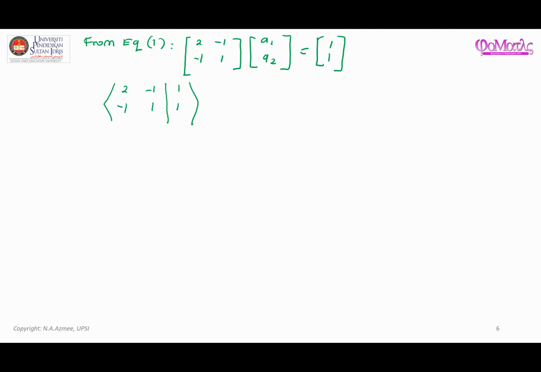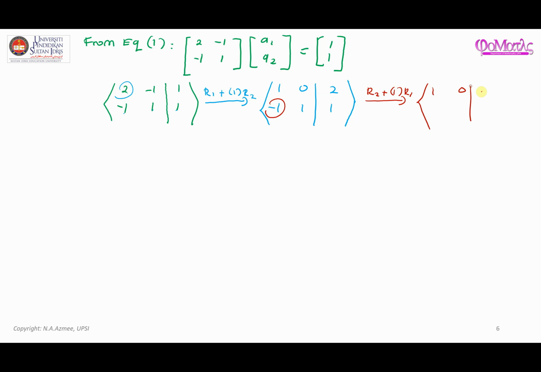And what I can do next is I need to turn this value into 1. So I can consider R1 plus 1 R2. So here will be 2 minus 1 is 1, negative 1 plus 1 is 0, 1 plus 1 is 2. The second row is unchanged. Next, I can turn this value to be 0, so I can consider R2 plus R1.